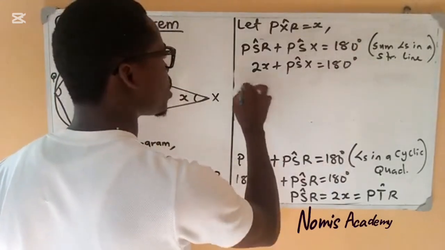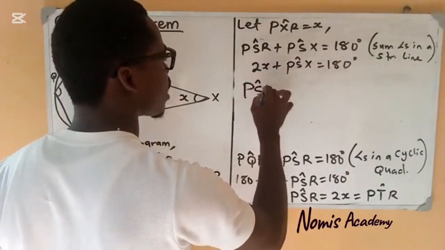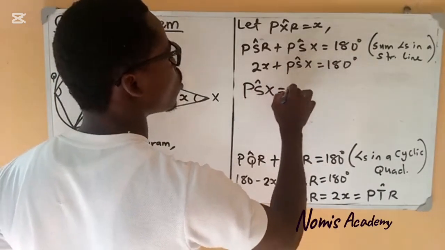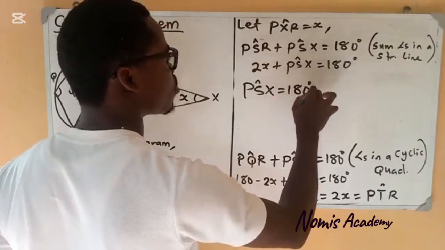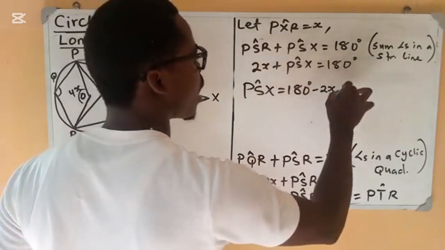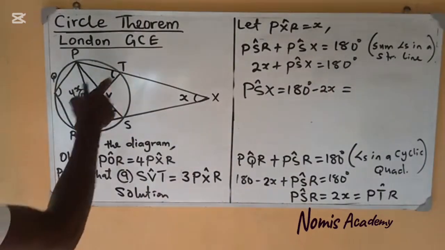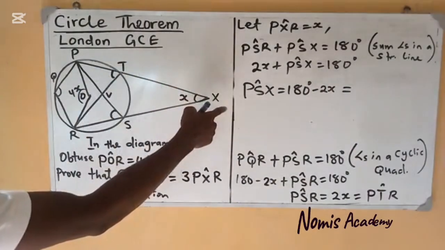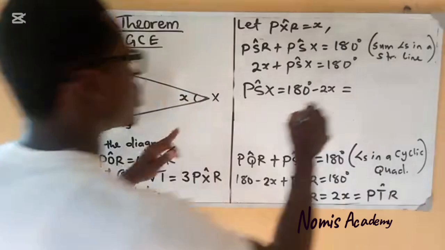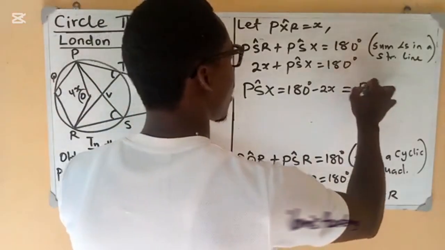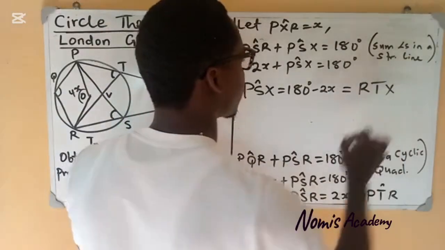So PSX is equal to 180 degrees minus 2x, which is also similar to RTX.